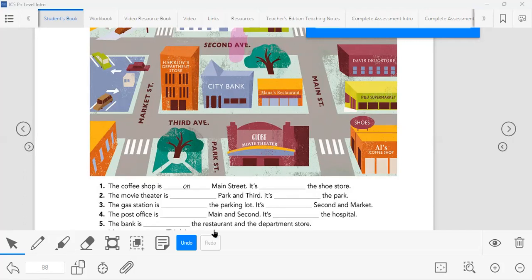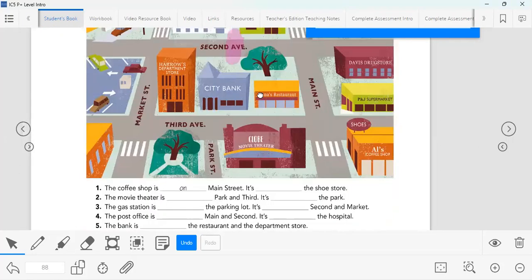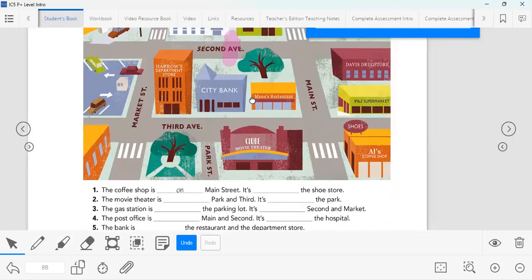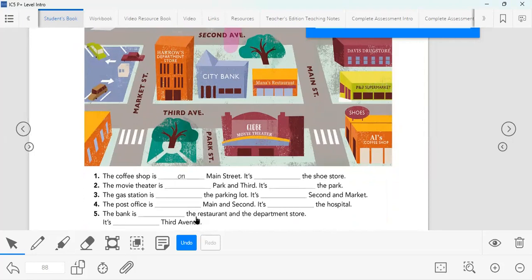The bank is? Where is the bank? It is between the restaurant and the department store. Okay, excellent. Because you see, in this case, we see 2 places. So maybe between, right? Maybe between. The bank is between the restaurant and the department store.